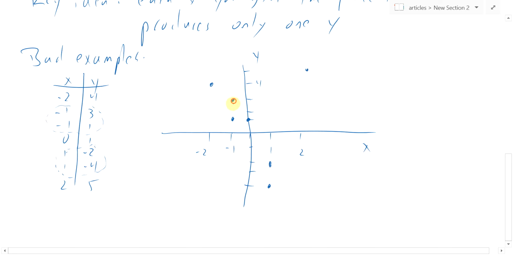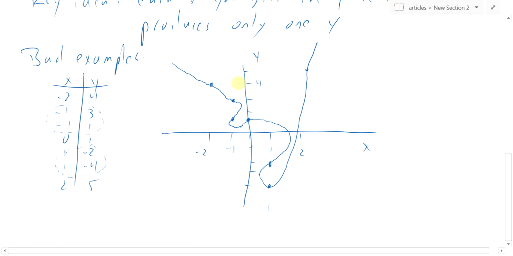And the problem is these 2 points, right? Above minus 1, there's 2 separate y values, and below 1, there's 2 separate y values. So if I tried to graph this, what would I get? I'd have to have something that comes through this top one and comes back to go through here, and then I'd need something that has to double back and then go up there.